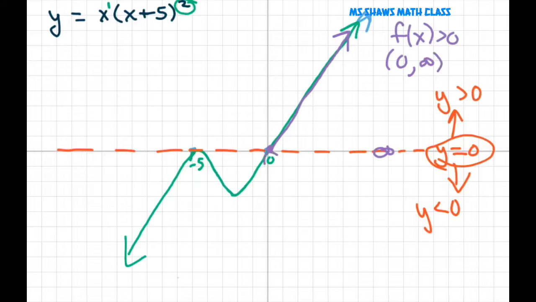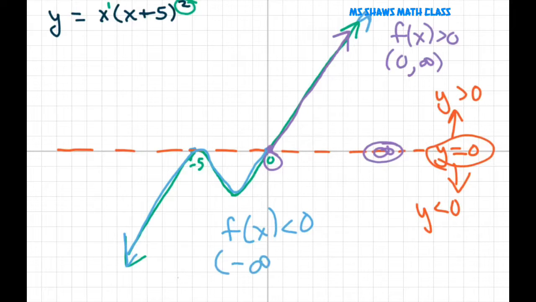You're looking at your x's, 0 to infinity. Where is it negative? Well, it falls below the y equals 0 right in here. That's below this red line. So that's going to be f of x is negative from negative infinity to 0.